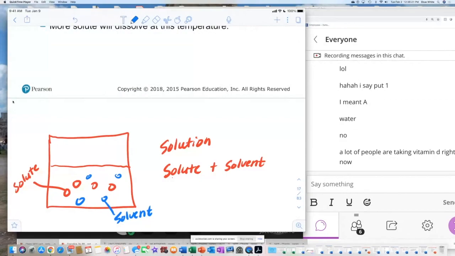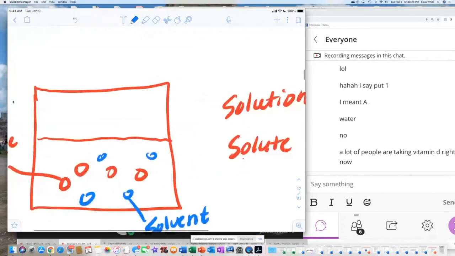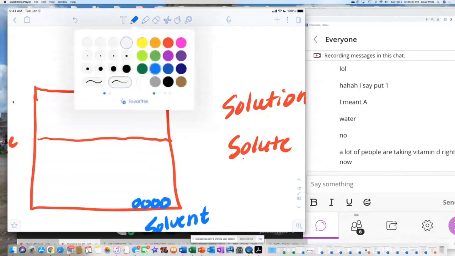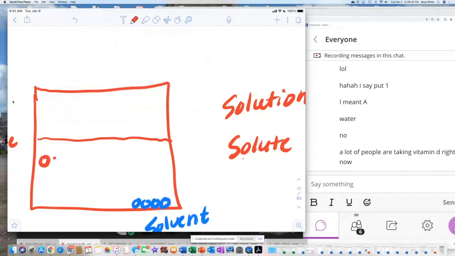Now, if they're not interacting very well, the solvent molecules are just staying by themselves, and the solute molecules are staying by themselves, with layers separating the solute molecules from the solvent.